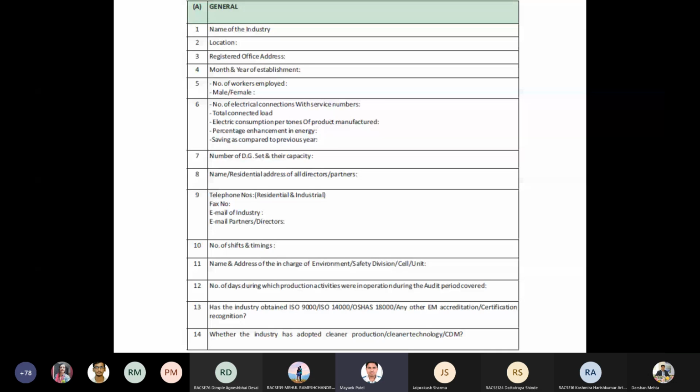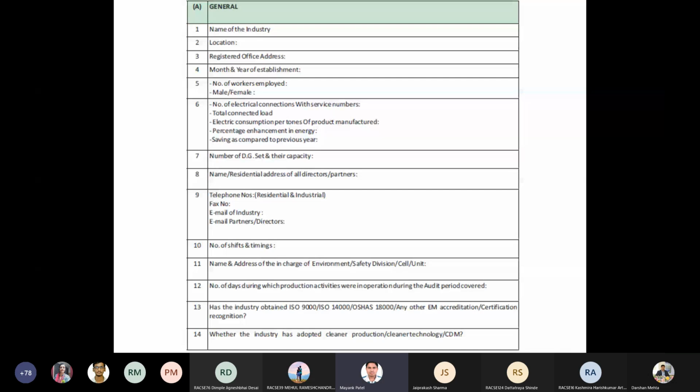Then the sections. In the general section, the details related to the industry are there. We generally mention the number of DG sets and their capacity, the residential address and names of all directors and partners, the number of shifts and timings the industry has, and whether the industry has obtained any ISO certification, then the details thereof. In some cases, the industry has adopted a proactive approach, that is cleaner production, cleaner technology or clean development mechanism.